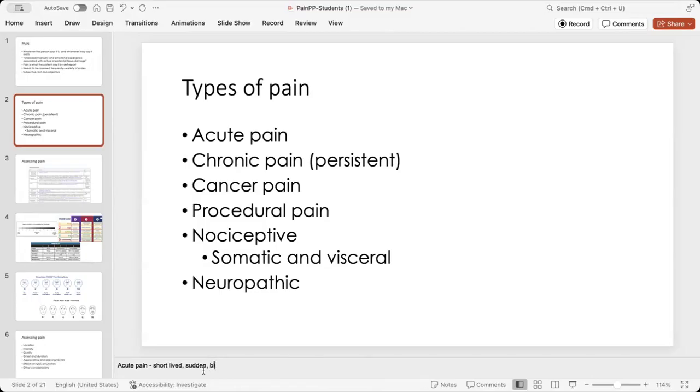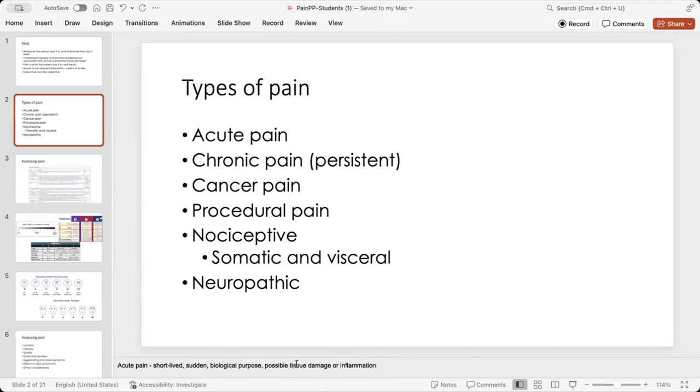Biological purpose, right? If I have a surgery, am I gonna have some pain there? Yes. Okay, so acute pain, there's biological purpose, there might be some tissue damage, there might be some inflammation, it's short-lived, right? Okay. What can happen if we don't treat the acute pain?